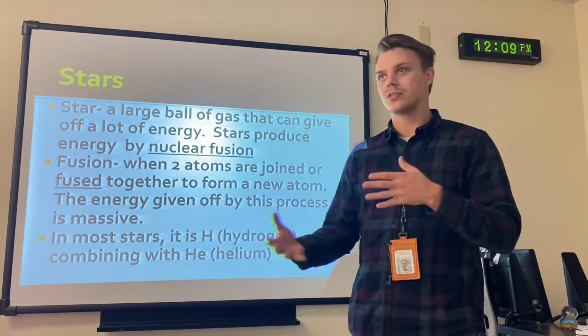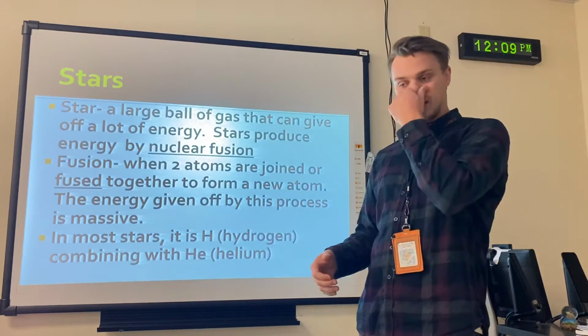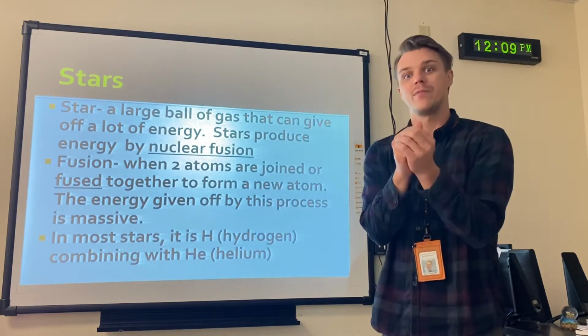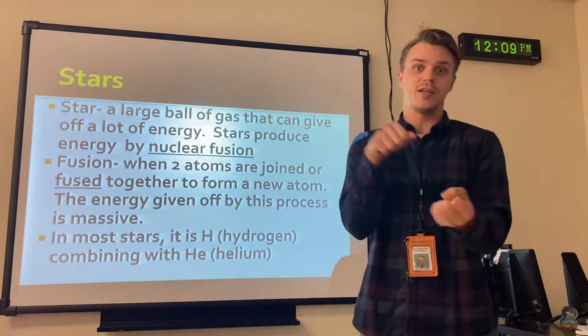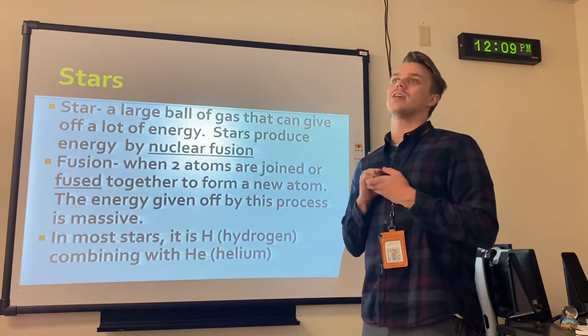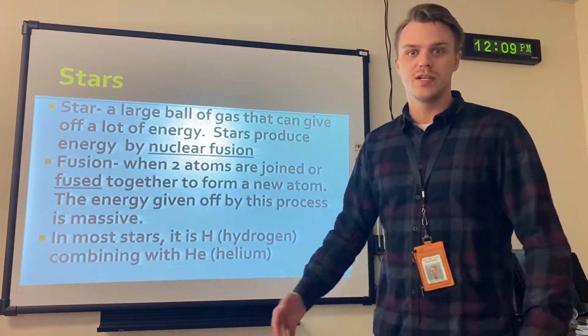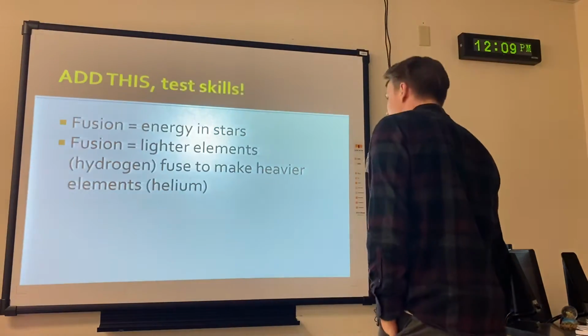Fire is when we take oxygen, we combine it with some type of carbon or hydrocarbon, and it chemically bonds. Fusion is a nuclear combination of elements, and that releases insane temperatures. We're talking millions of degrees hot, crazy, crazy temperatures. And that's all about fusion.